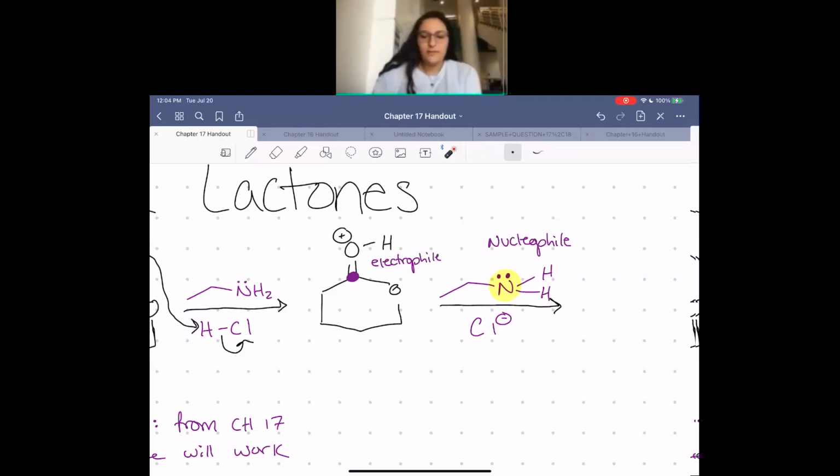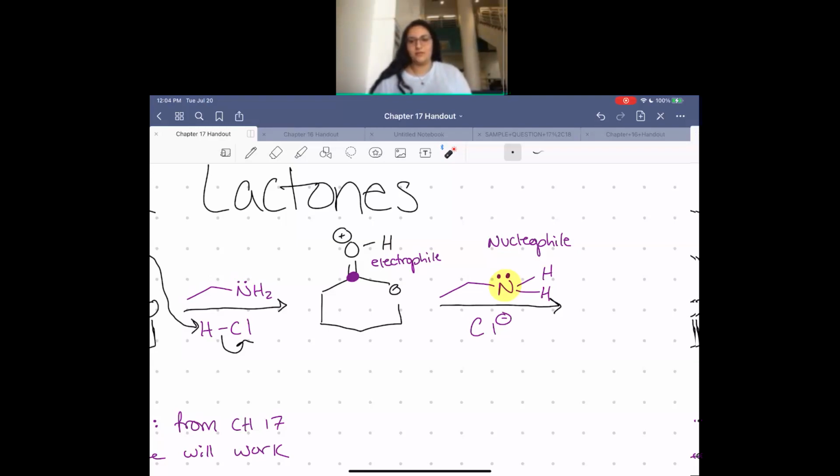And when we see that we have a carbonyl and a nucleophile, we know that this is either a chapter 16 or a chapter 17 question. How do we tell the difference between chapter 16 and chapter 17?